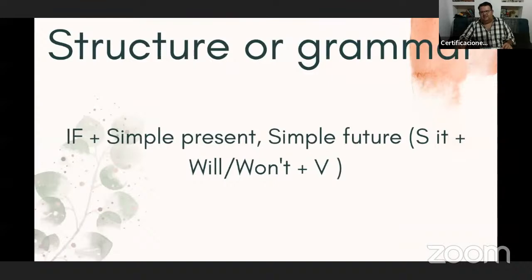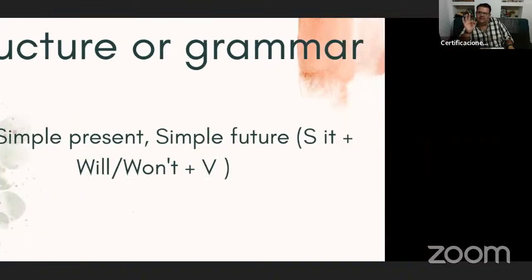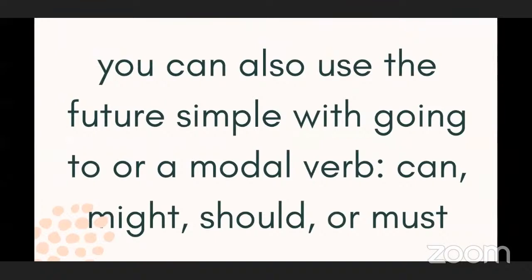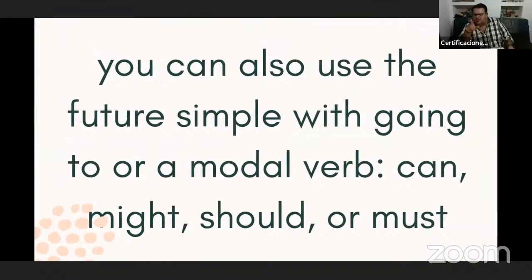So it's if plus present, simple future, with s if it's third person singular. Will and won't. Also, you can use can and can't, and should and shouldn't. Yeah, right. Yes, can, should, must, yes, might. Might is not really, I mean, yes, you can use it, but it's not grammatically correct.